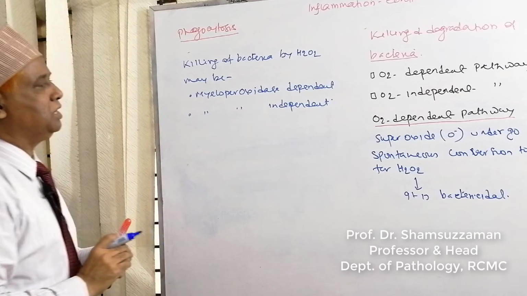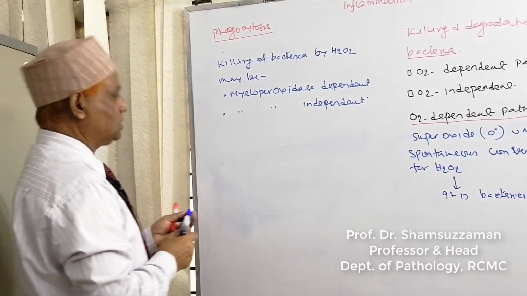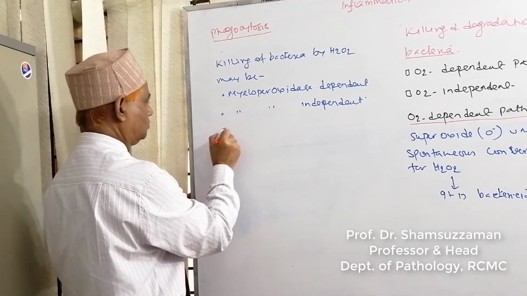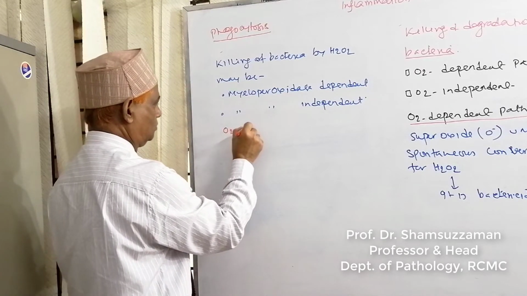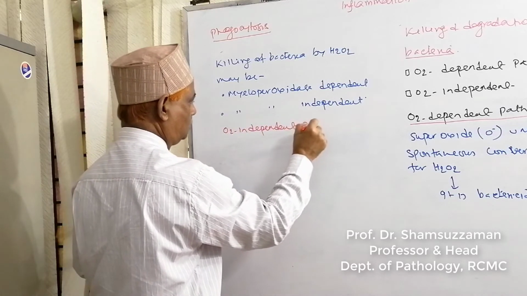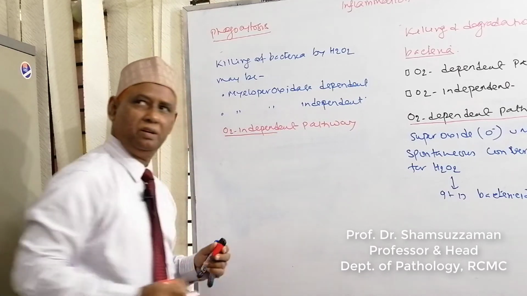So this is the oxygen dependent pathway of killing and degradation. Now come to the oxygen independent pathway of killing and degradation.